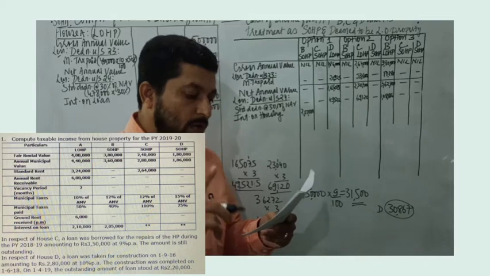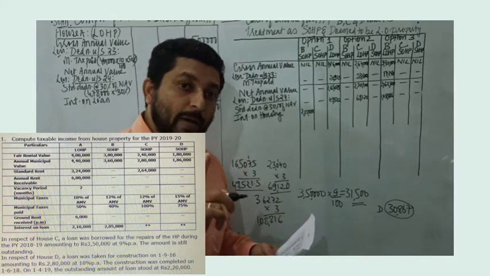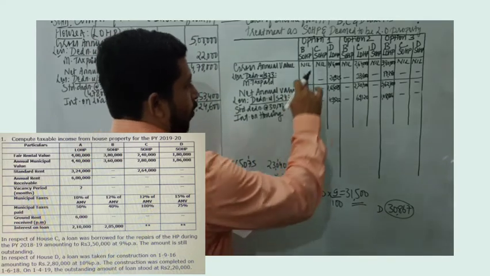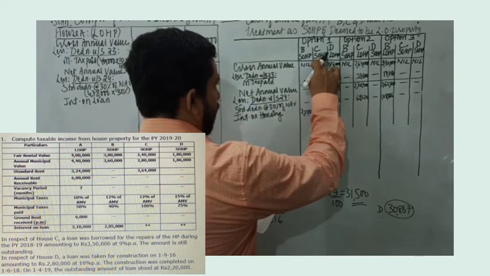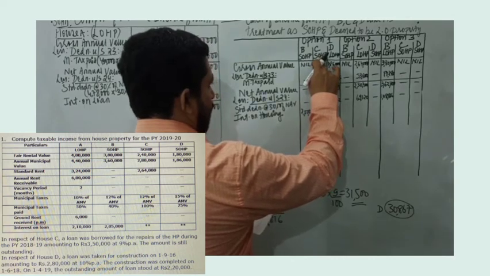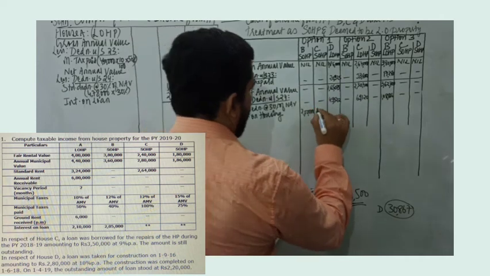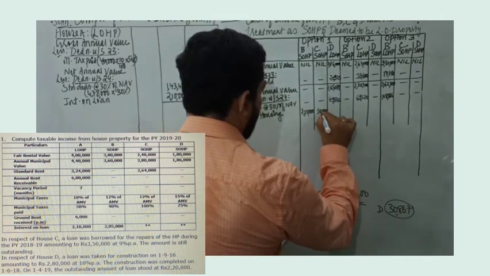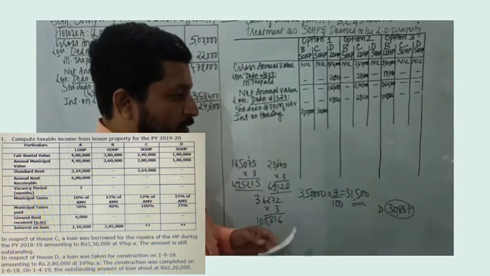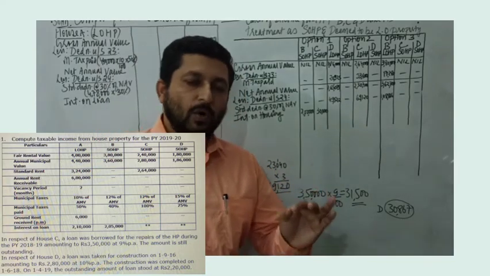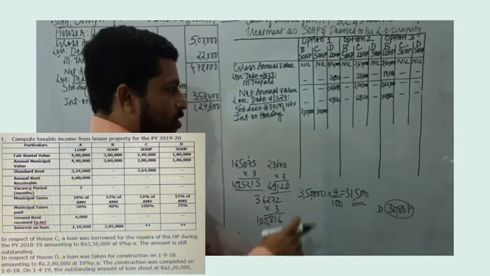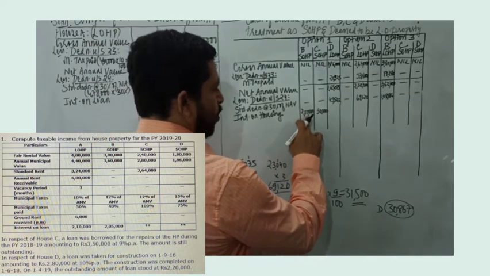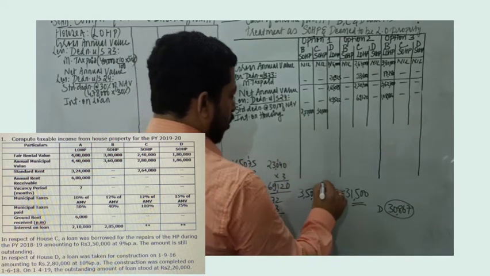But this amount is still outstanding, and the loan was borrowed for repairs. So for self-occupied house property borrowed for repairs, the maximum deduction is 30,000 only. Only if the self-occupied house property loan is taken for purchase or construction is the maximum 2 lakh rupees.